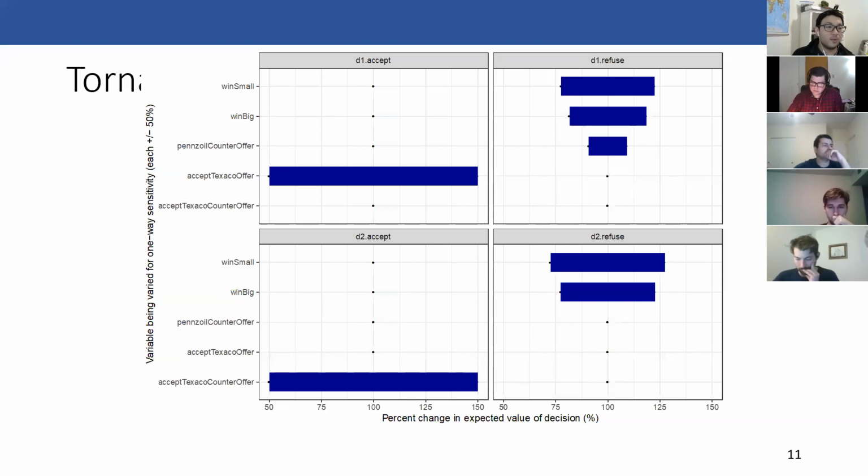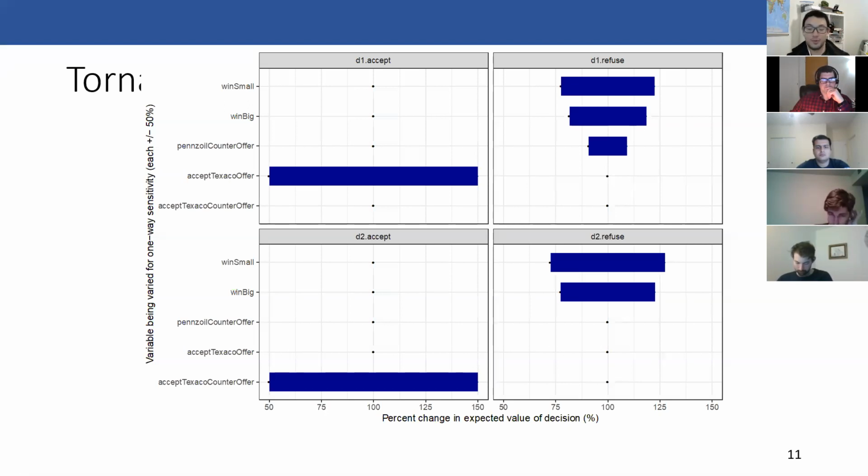One drawback of this type of approach is that maybe you have some question about a nonlinear relationship between two variables, right? And because this is a one-way sensitivity where you're looking at only one item at a time, you may run into this problem where you're not actually able to observe relationships happening between multiple variables.